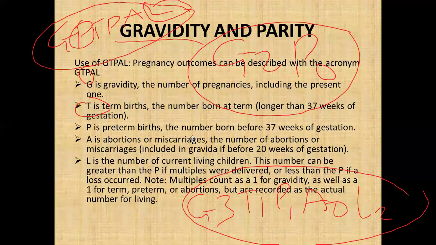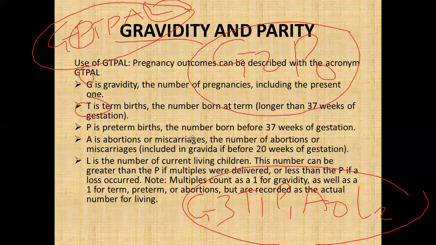The same applies to parity. Parity also remains at one. The same thing applies to preterm and abortion. It is only the living that, in a multiple gestation, you count the children separately and put the actual number there.